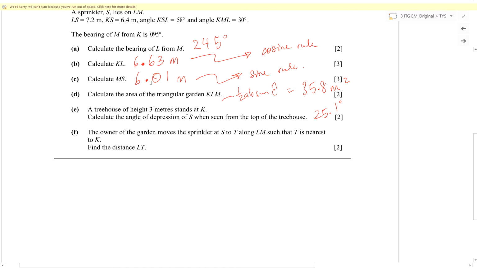Angle of depression. These are the tree, this is the eye. He is looking down at something over here. Where is the angle of depression? This is the angle of depression.